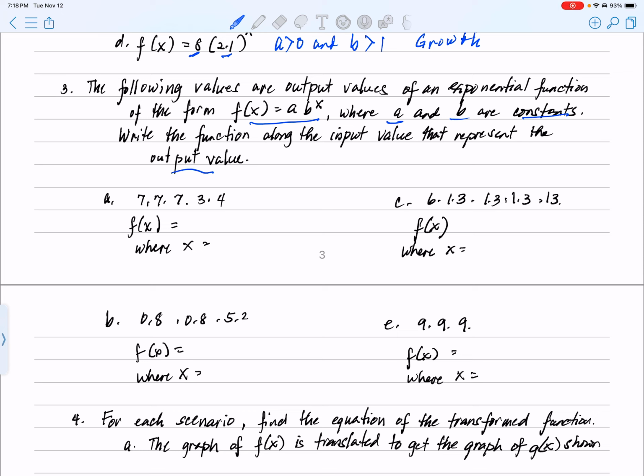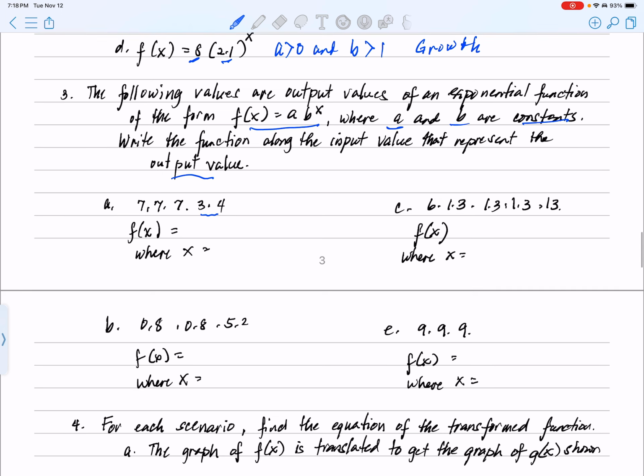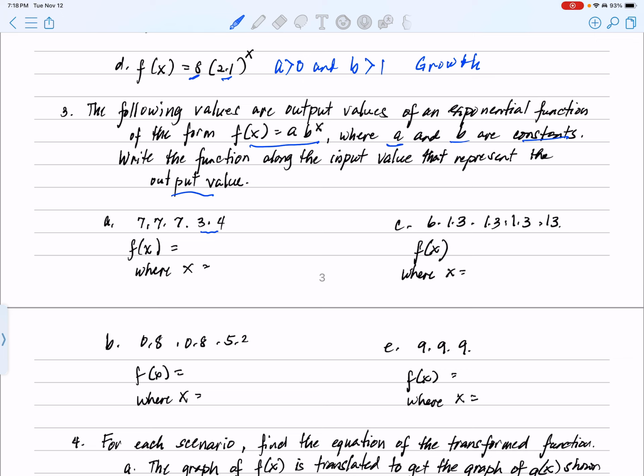Remember that if you have 7 times 7 times 7 times 3.4, what do you think is being repeated here? 7 is being repeated. So your a, which is the initial value, would be the 3.4.